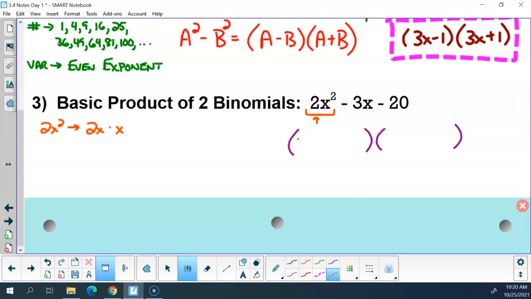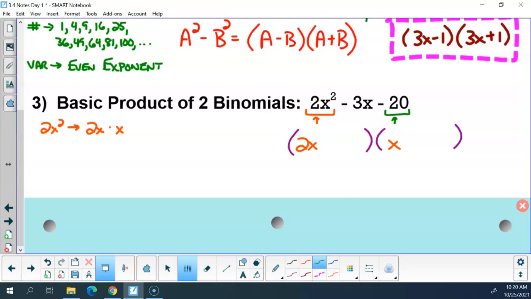We fill in with, are there any other ones? In this case, no, right? So we're good there. The last two get filled in with what multiplies together to be that one.